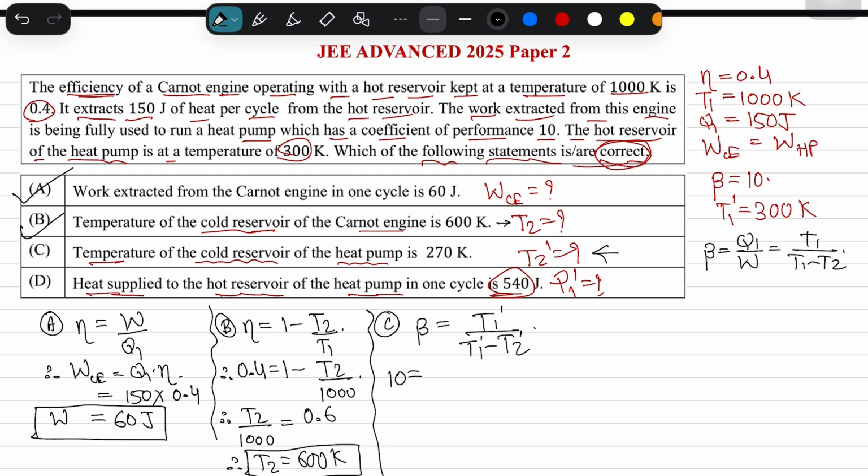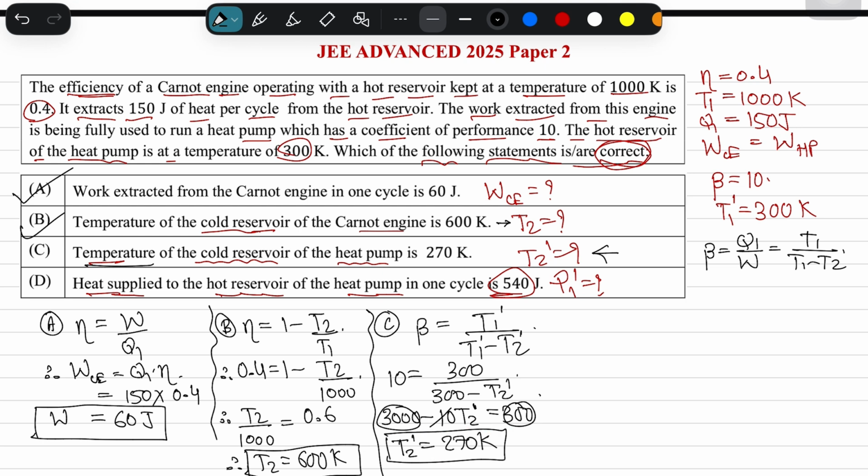So T1 dash is equal to 300 divided by 300 minus T2 dash. Taking the cross multiplication, it is 3000 minus 10 T2 dash is equal to 300, and taking T2 dash as the subject of the equation, T2 dash is equal to 2700 divided by 10, which is 270 Kelvin. So checking the third option, temperature T2 dash is 270, again correct.